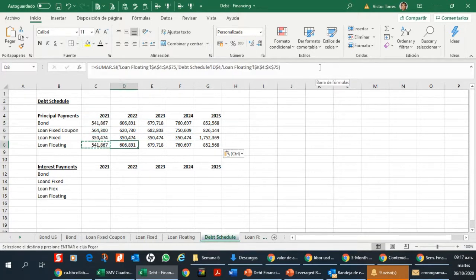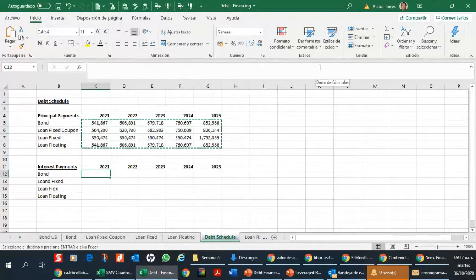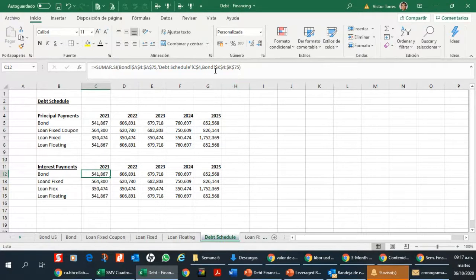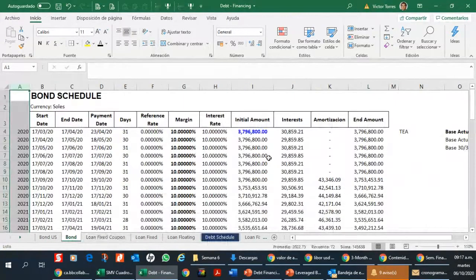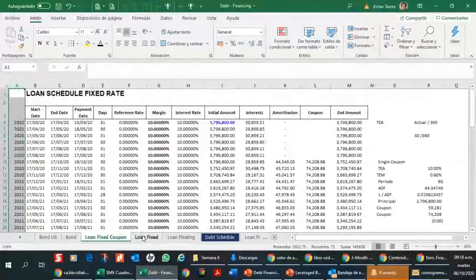Yes, this has to have the same one as the above because I assume the same structure. And last but not least, I'm going to copy it down, right? What I'm going to do is just change the K, right? This is for the principal payments. We're going to go with the interest, which in each one of them is in the J column. Let me just quickly check it out.